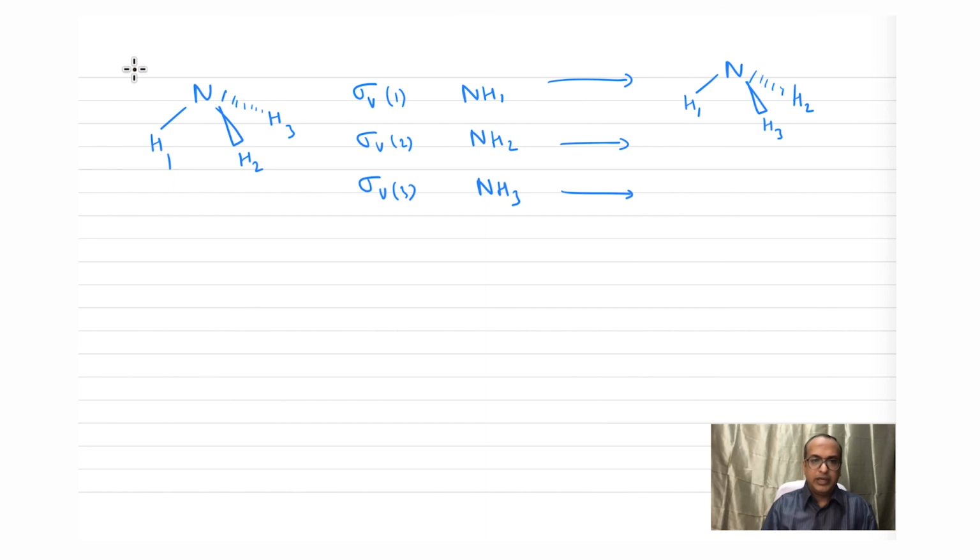So the plane is like this. H2 is coming out of the plane of the board and H3 is going behind the plane of the board. So H2 and H3 will be reflected, while N and H1 are contained in the plane, so they will not change, right?